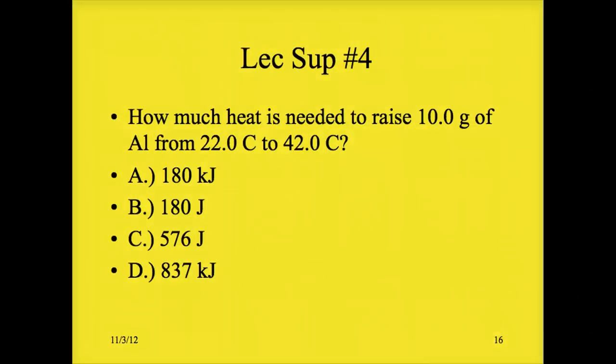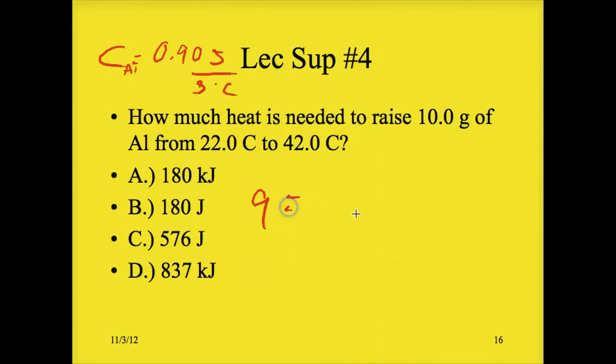Here's an easy practice problem. If you remember, the C for aluminum was 0.90 joules per gram degrees Celsius. And my question is, how much heat is needed to raise 10 grams of aluminum from 22 degrees to 42 degrees?